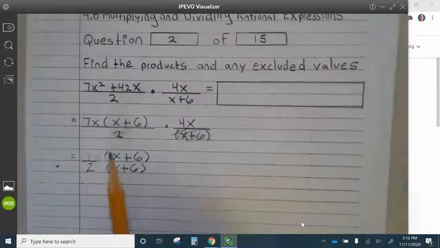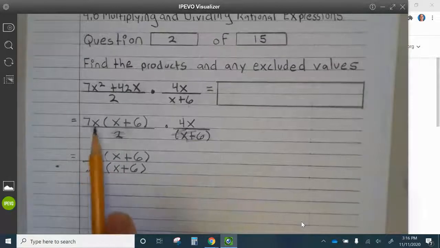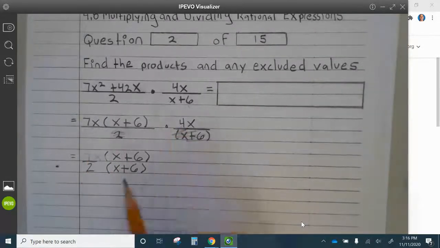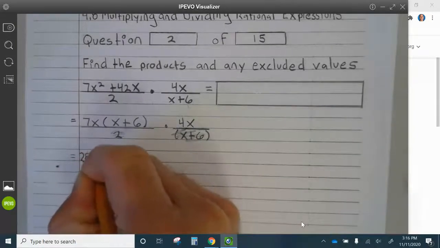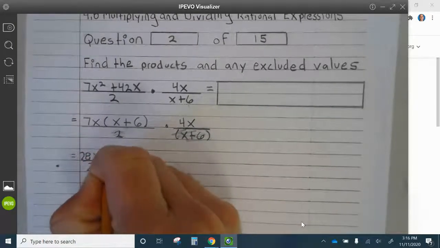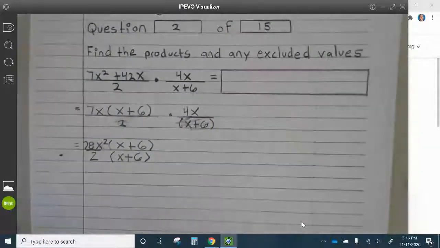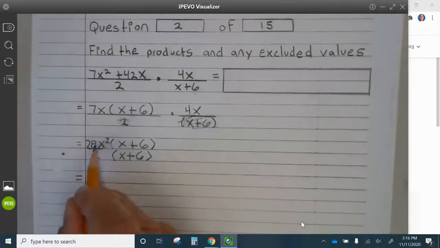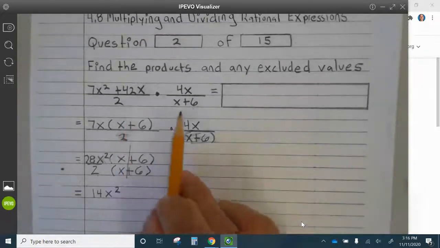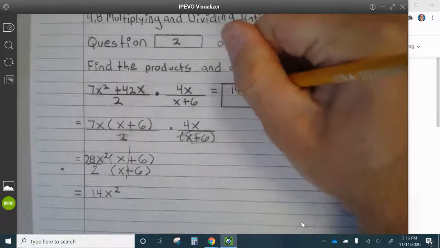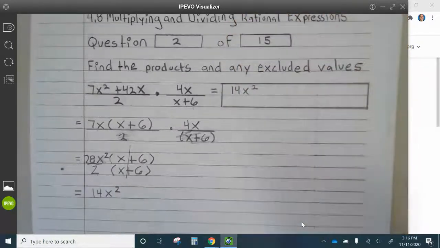I forgot to multiply. 7 times 4 is 28, and x times x is x squared, so that's 28x squared. Now we can divide the 28 by 2, so that's 14x squared, and then x plus 6 divided by x plus 6 is 1. So this times this equals 14x squared.